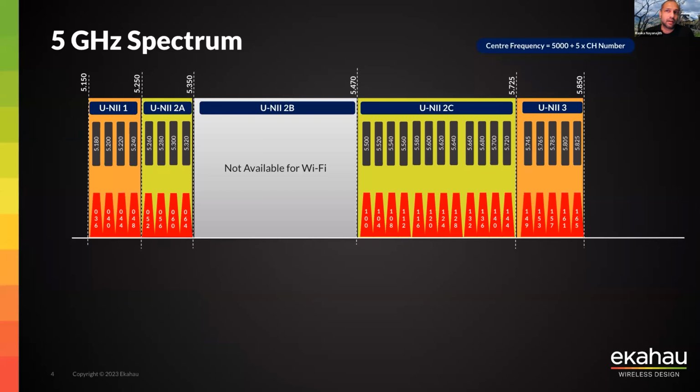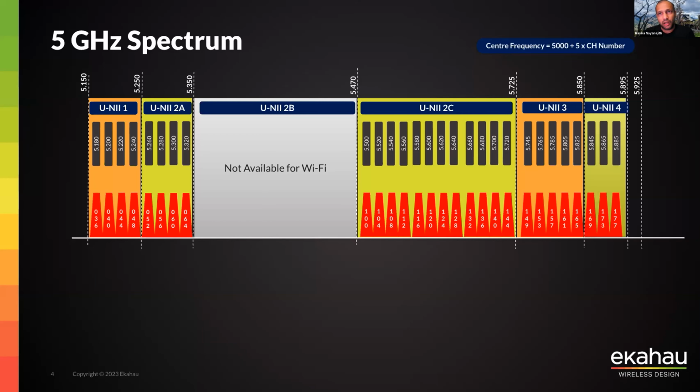And then the last block of channels that's allocated for Wi-Fi, starting 2022, is UNII-4, so you will see a lot of the latest clients supporting these 3 channels. In that way, if you want to have an 80 megahertz channel, UNII-3 and UNII-4 can be combined.